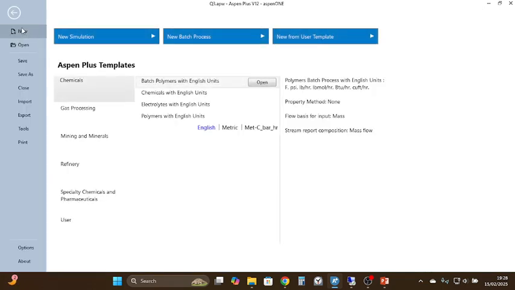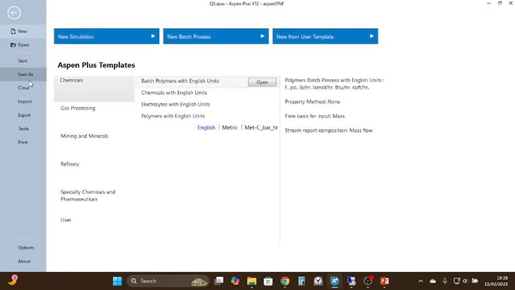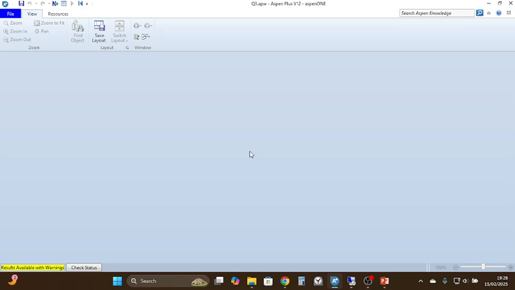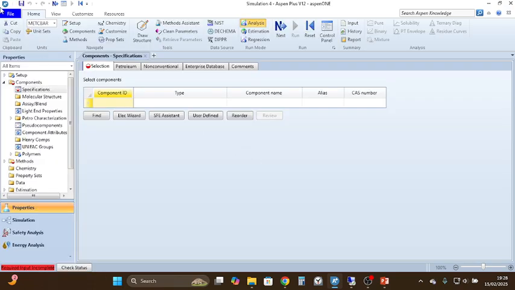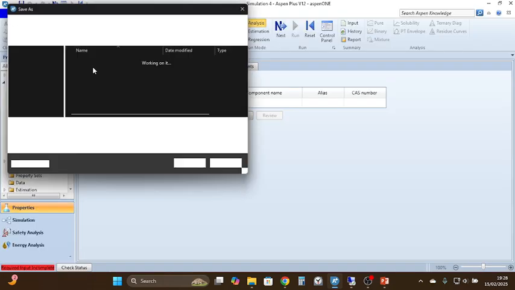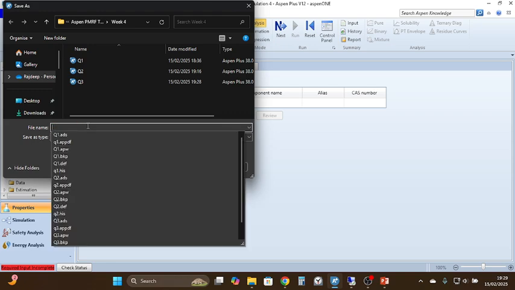Now let me show you how to do it using a mol file. So this is the Q3 mol file.